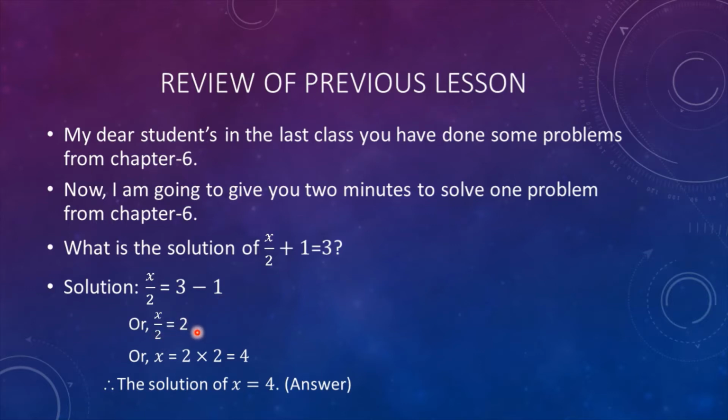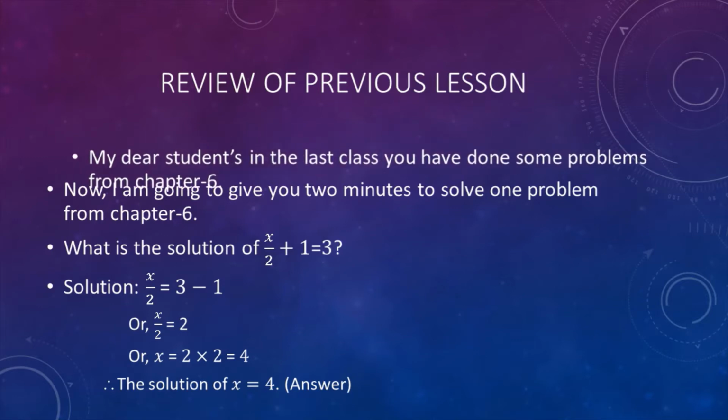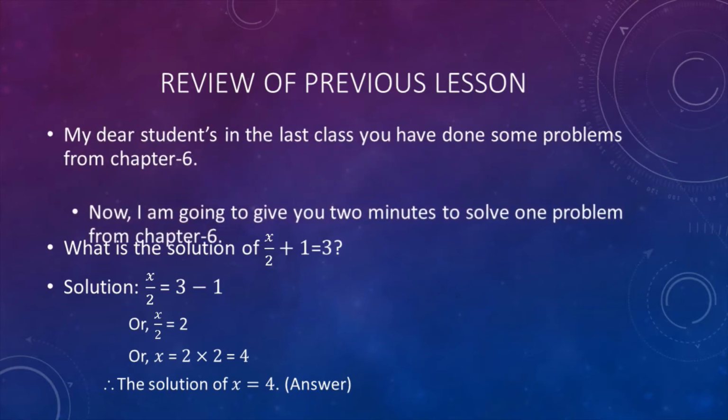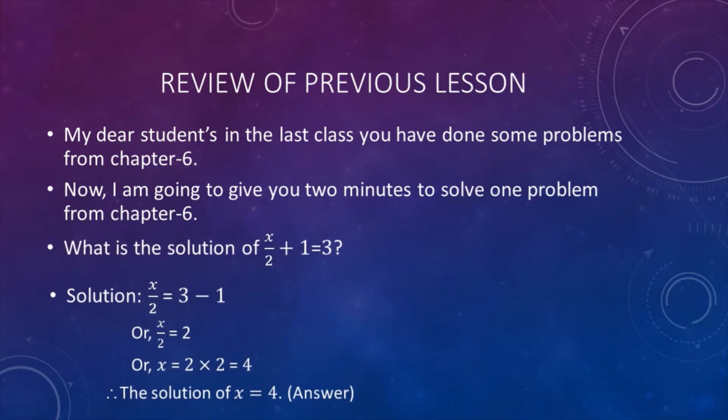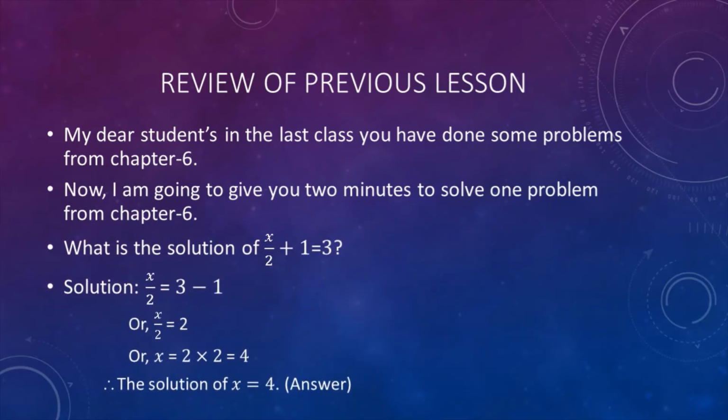After that, by cross multiplication, my dear, we can do x equals 2 multiplied by 2, that would be 4. So therefore the solution is x equals 4, and that is the desired answer, my dear. So my dear students, this is the feedback from the previous lesson, and the solution is x equals 4.